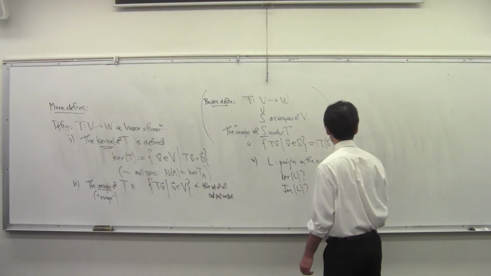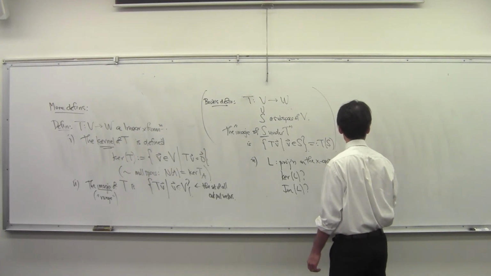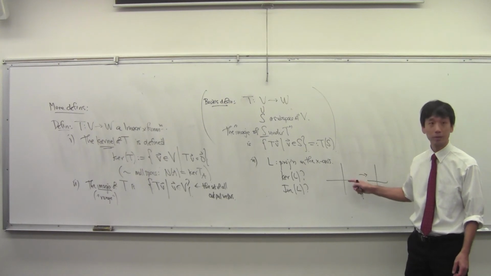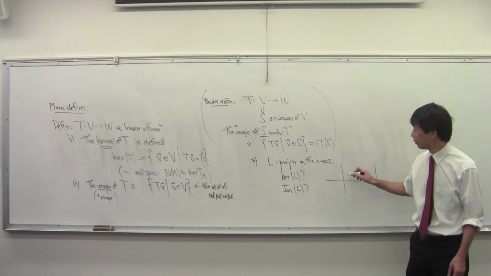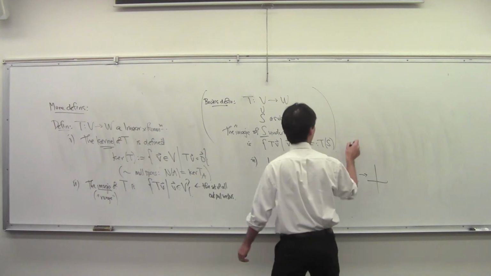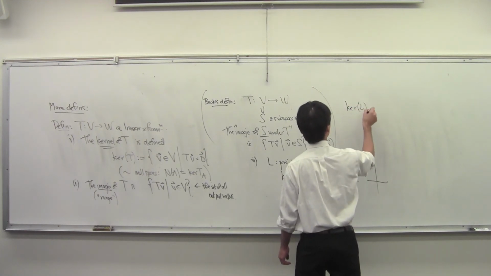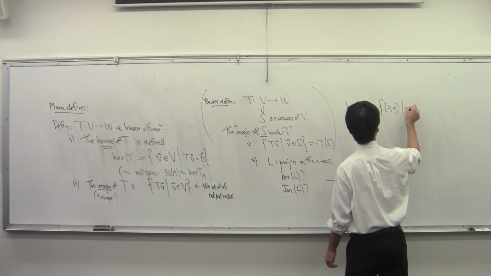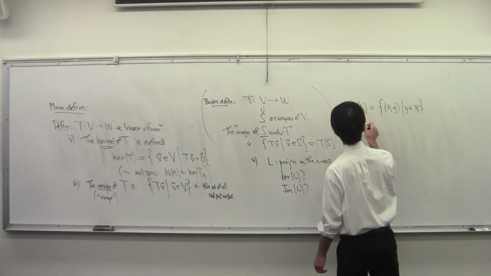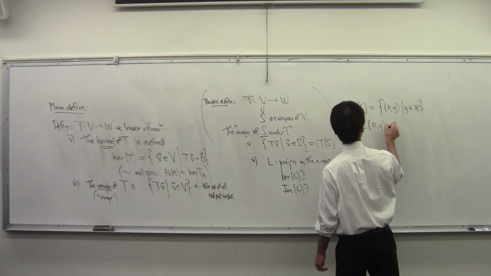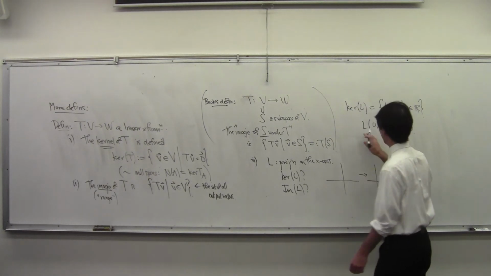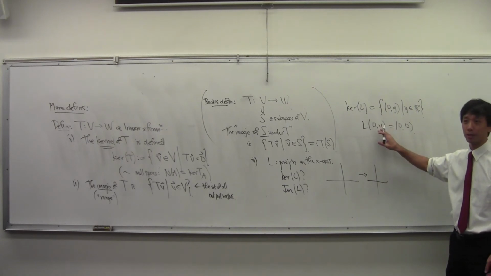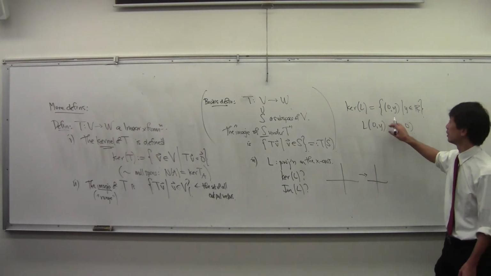Okay, so we have this map from R2 to R2. What gets sent to the zero vector? Everything on the y-axis, right? So the kernel of L is going to be everything of the form (0, y), right? Because L times (0, y) is going to be (0, 0). And anything that got sent to (0, 0) had to be of the form (0, y).